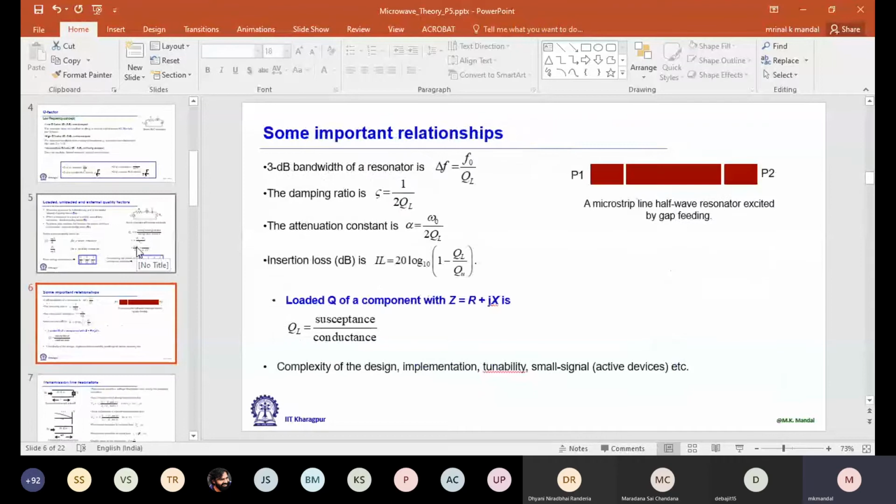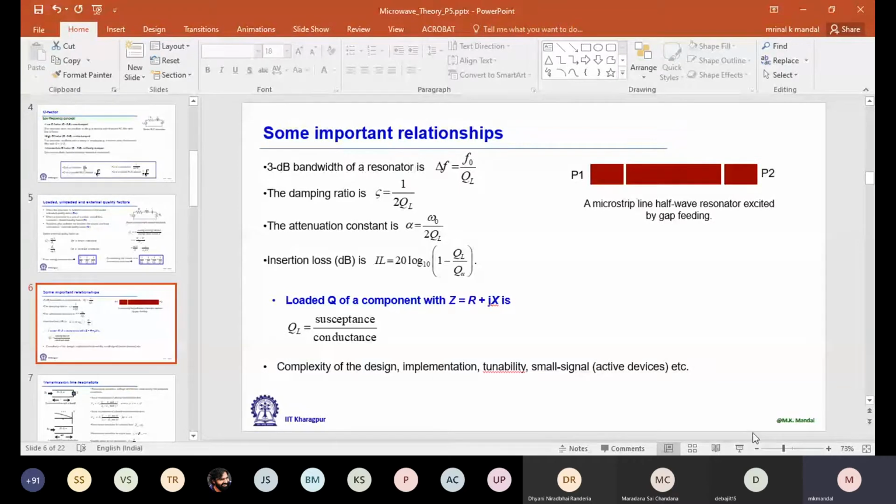Some relationships: the 3 dB bandwidth of a resonator. What it means, we can define in different ways. In circuit theory, you define it in terms of Z_in variation, RLC.